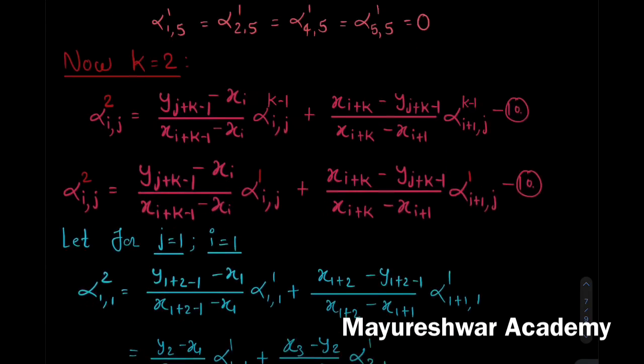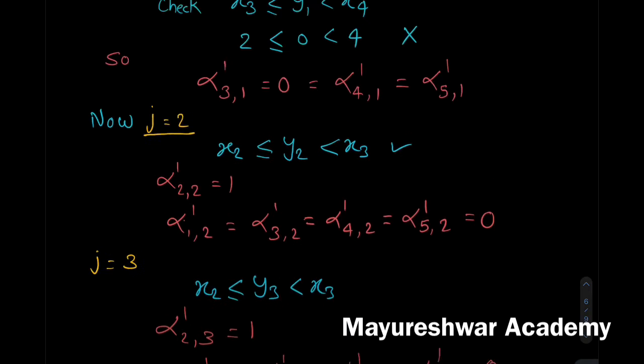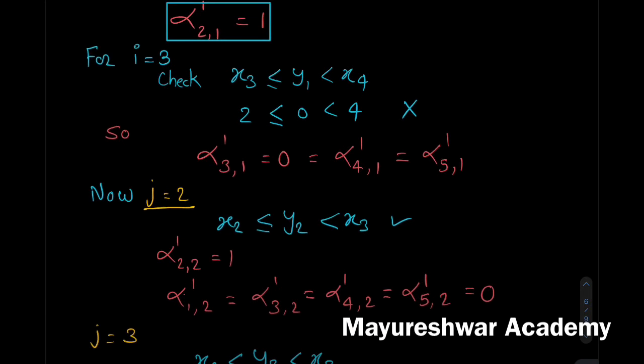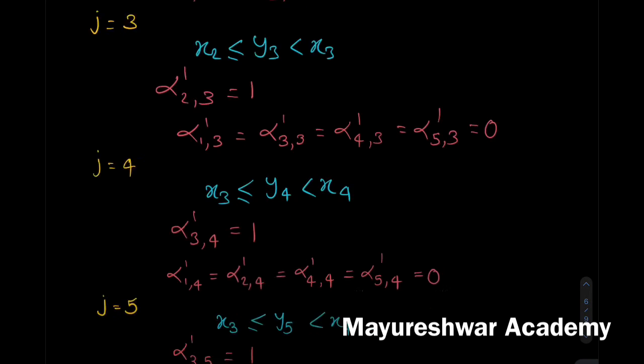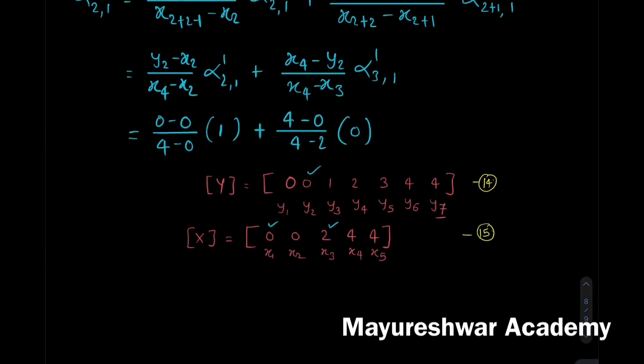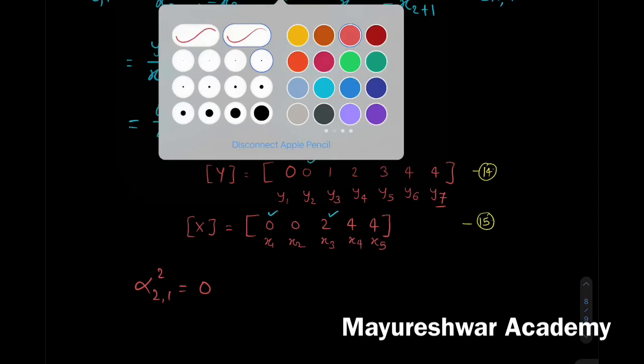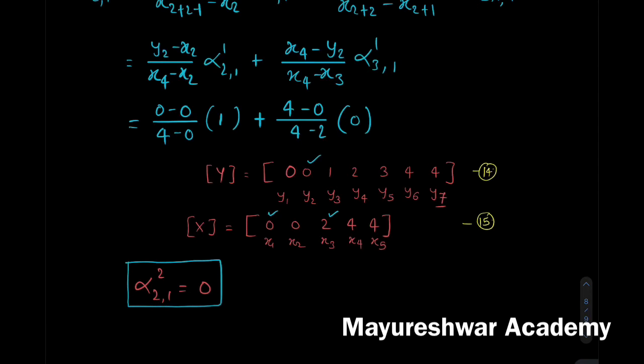So this alpha 3 comma 1 is 0. So here after alpha 3 comma 1 will be 0 values, so this is 0. Okay, so in short we get alpha 2 1 is equal to 0. So that's the final value. So this weighting factor is 0 of second order.